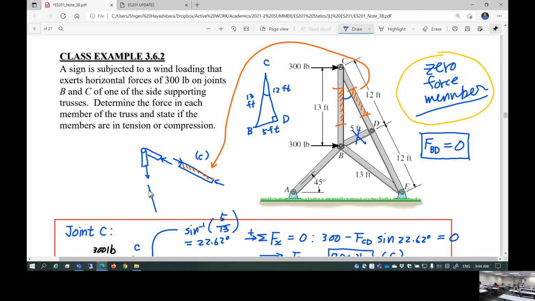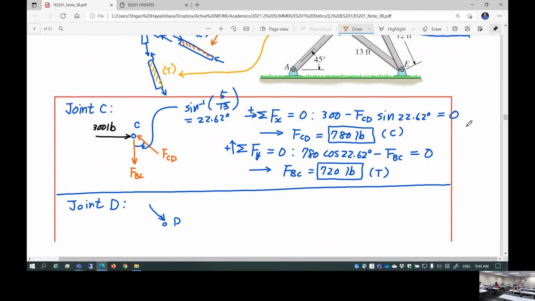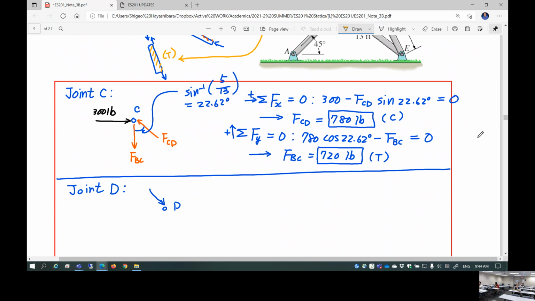So this member is tensile. That's what this is. This is actually an interesting practice. If you get confused, you can always do this technique: introduce a virtual cut and find out, internally speaking, whether the member is tensile or compressive. That's what you're trying to find.